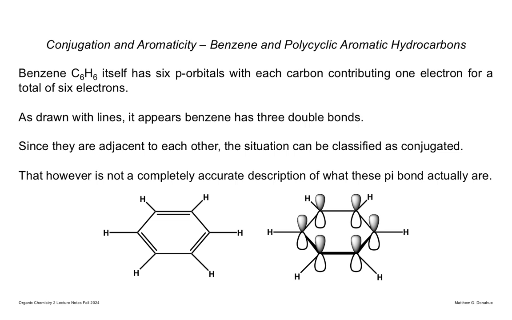So we'll talk a little structurally about benzene, the orbitals, and some other aromatic hydrocarbons, and then why understanding the orbitals is important. So we see the three double bonds as drawn, and we know that to make up a double bond, each carbon atom is supplying a p orbital, and each is supplying an electron.